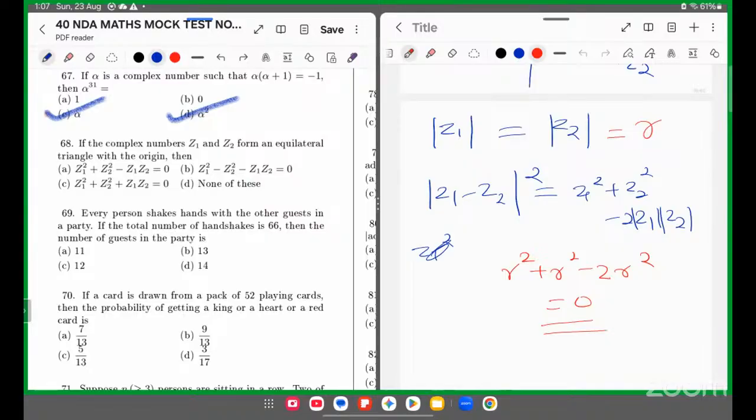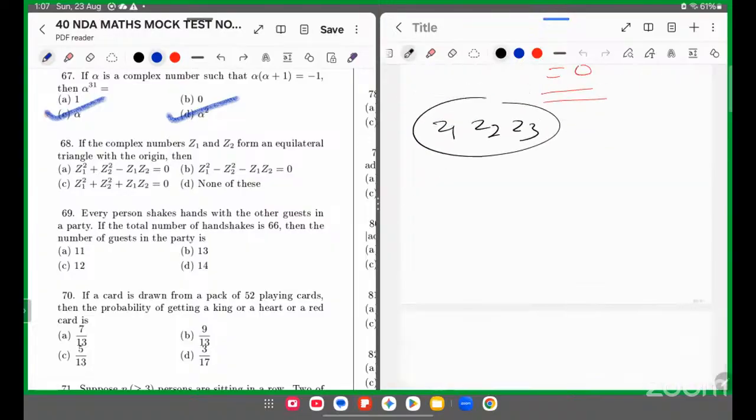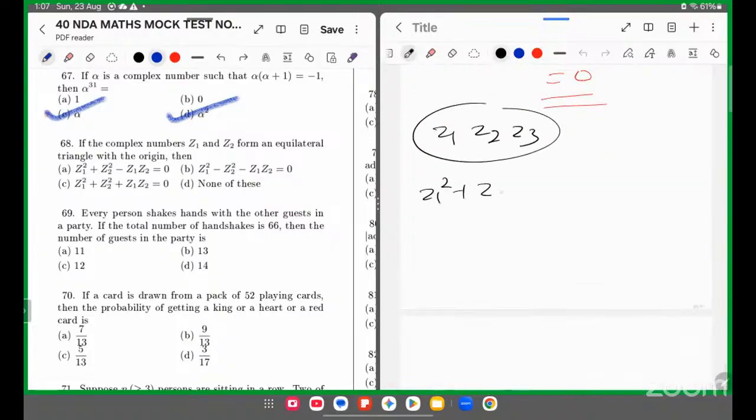We have to check this because it is saying that if Z1, Z2, Z3 form an equilateral triangle, then Z1 square plus Z2 square plus Z3 square equal to Z1 Z2 plus Z2 Z3 plus Z3 Z1.